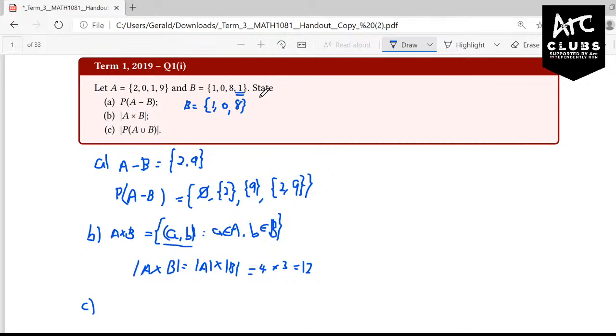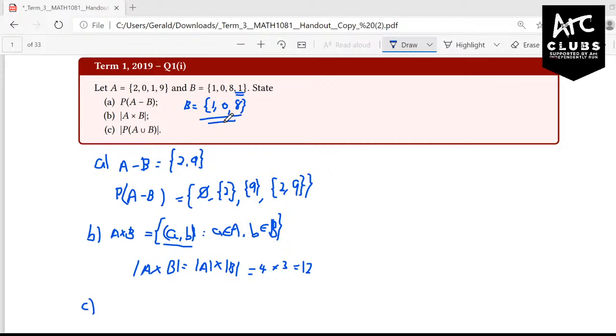But we are discarding this 1 because our set B will only be this set here. Remember that for sets, duplicates don't actually matter. So what that really means is that we take 4 elements here and 3 elements here, and for every element in A, we have an element in B. That's how you can tell that you're not double counting any ones.